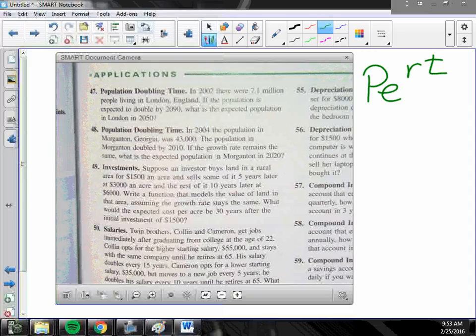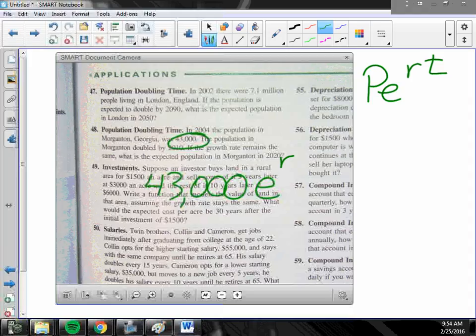So we're going to use Pert. So that is my principal. That's P. So 43,000 times e, and r is unknown, right? And what's t? We're looking at how many years? 6 years.